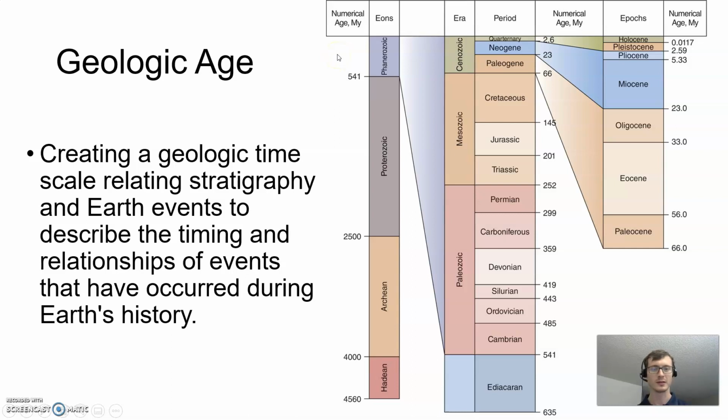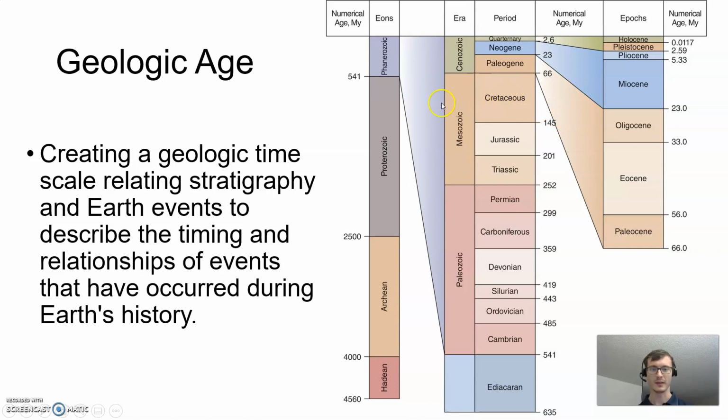And if we come across a rock, we might be able to say, okay, well, this is Cretaceous age. But we might not necessarily know where it is in terms of 66 million years, 100, 130, 145 million years old. And sometimes it's not even terribly important to know this. It's more important just to know that it is a Cretaceous rock.